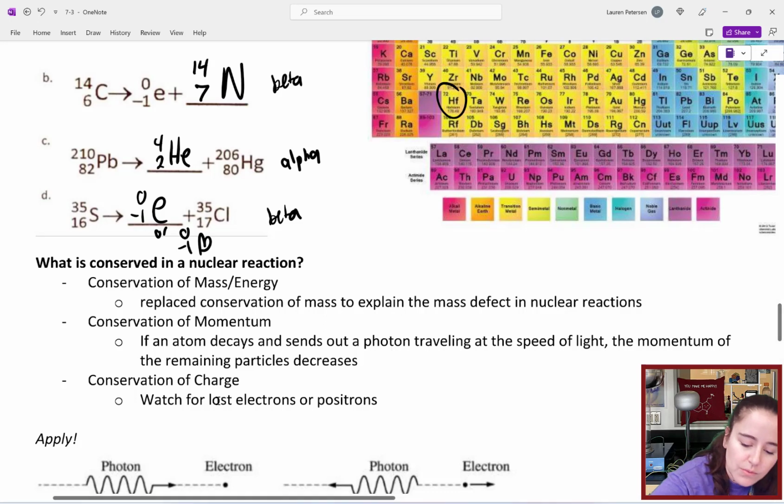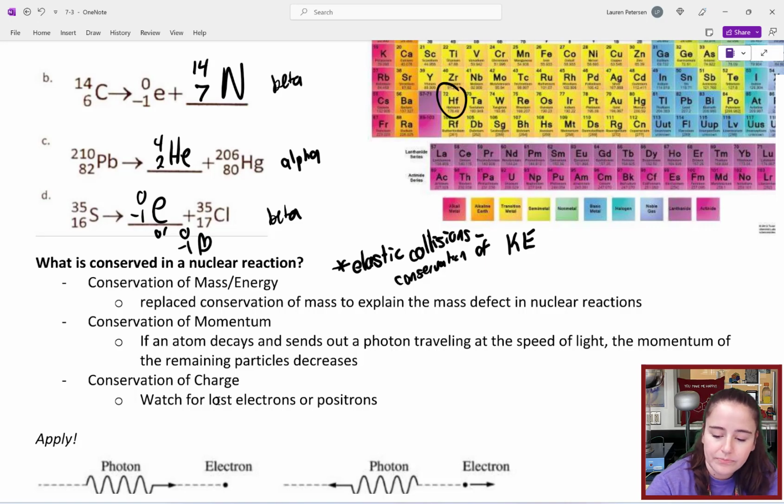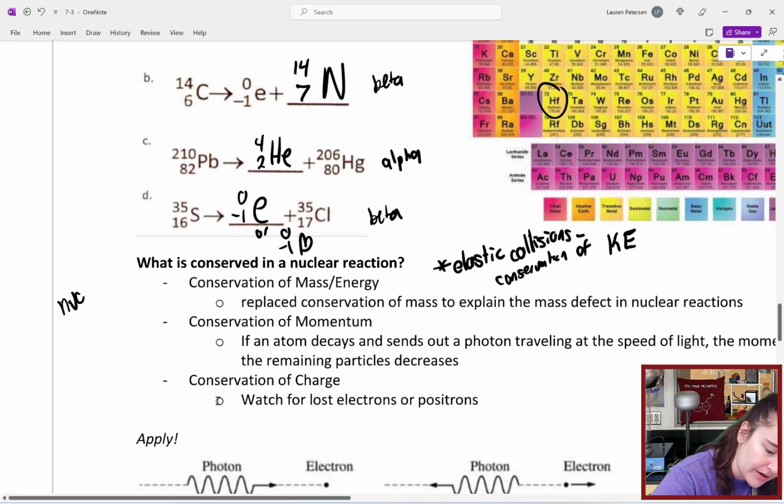Also, we typically consider these to be elastic collisions, unless it says otherwise. So often in those you will get conservation of kinetic energy. And not potential energy, because there's that nuclear strong force binding stuff. And again, for solving them, we do them based on nucleon number.